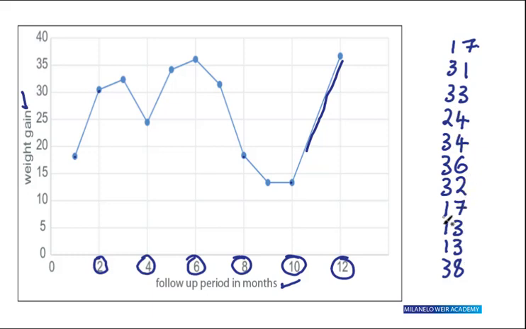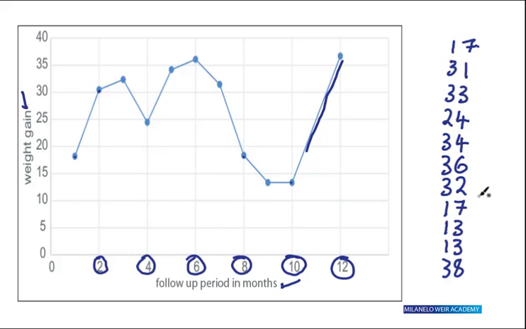By looking at the numbers, you can't really see at a glance that something is going on between the months here. You can't tell really, but when there is a visual representation, you can easily tell. Even a newly born baby has a card that tracks their weight against the month, or even their growth, because the doctors want to see if the baby is growing well or gaining enough weight.